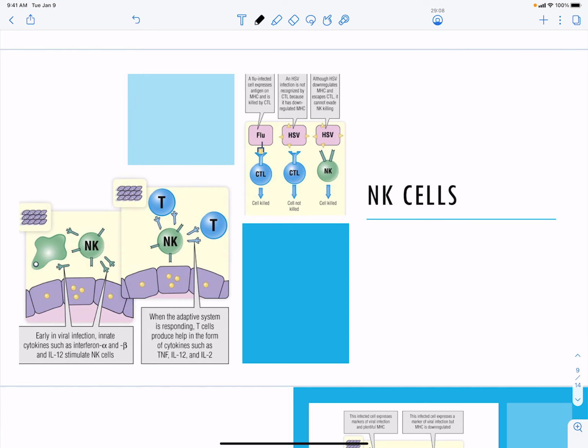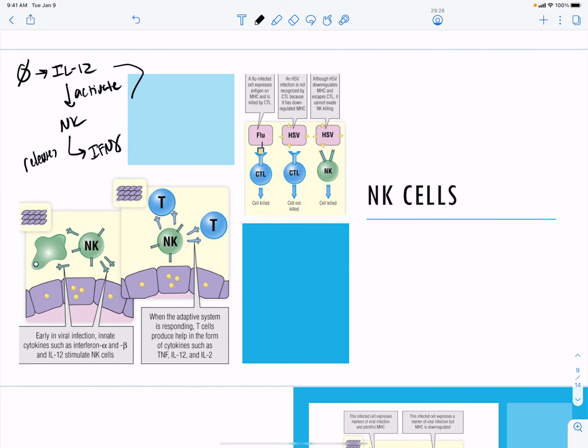Some things to remember about natural killer cells: a macrophage releases IL-12, and this activates our NK cell, which then releases interferon gamma, and this makes the Th1 environment. That's really what a CD4 T cell needs to see in order to become a Th1 helper cell.